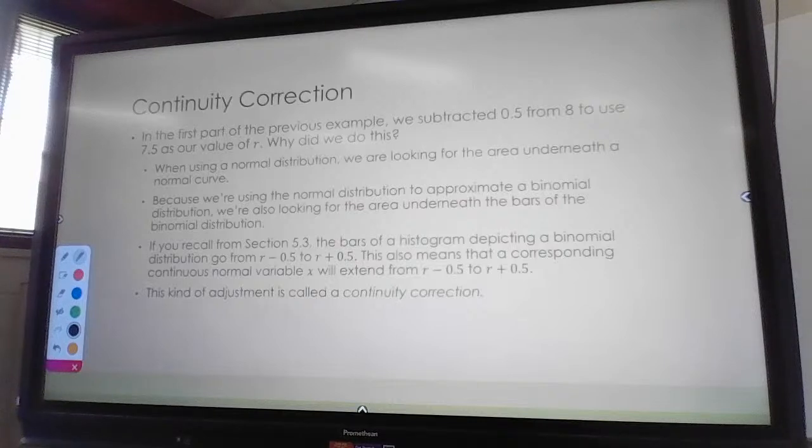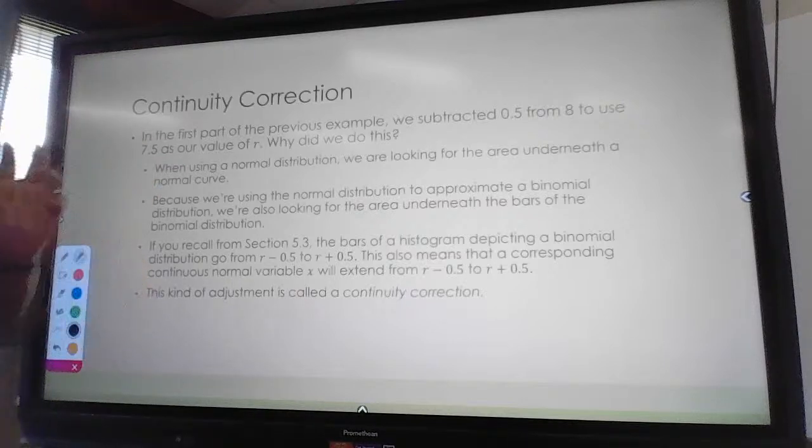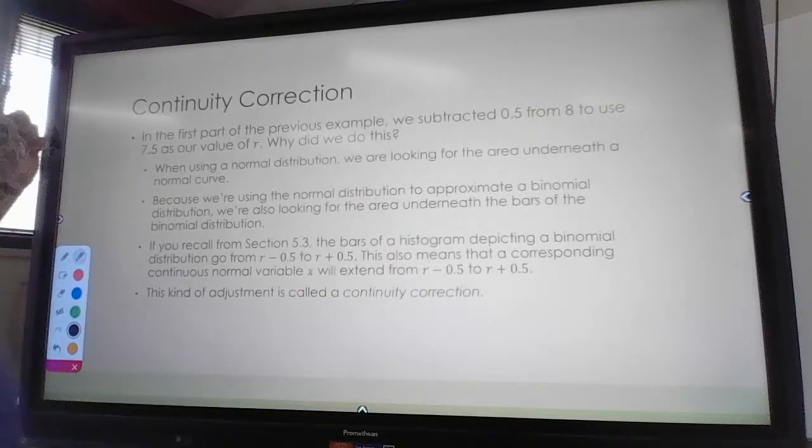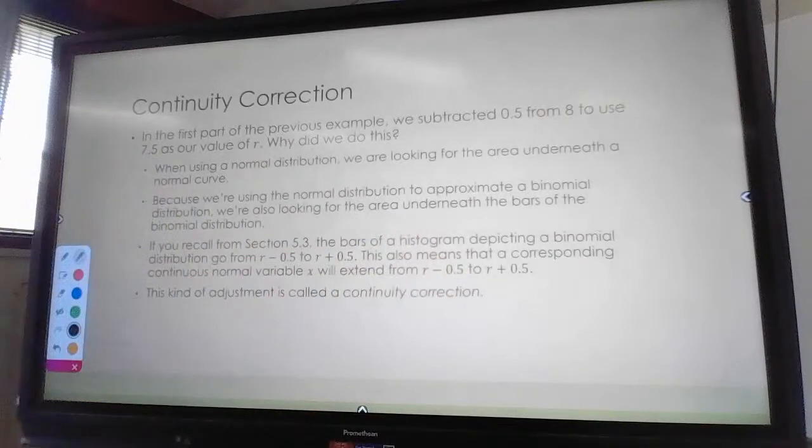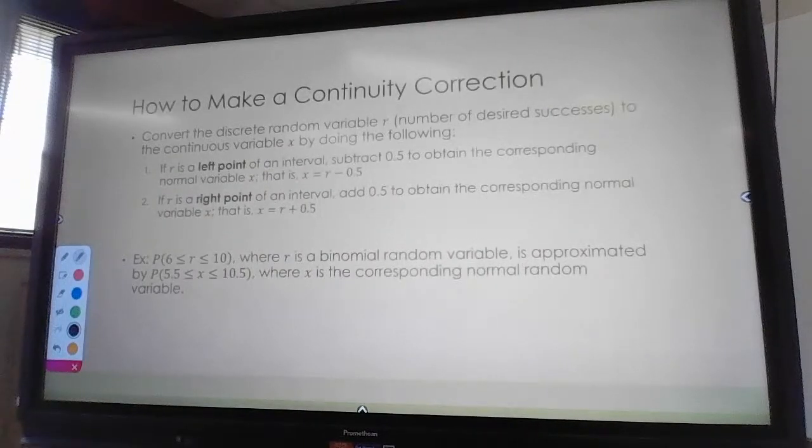When we graphed a binomial distribution in section 5.3, the bars ranged from midpoint to midpoint, so r minus 0.5 to r plus 0.5. So when we find its corresponding continuous normal variable, we extend that range from r minus 0.5 to r plus 0.5. This kind of adjustment is known as a continuity correction. So here's how to make a continuity correction.